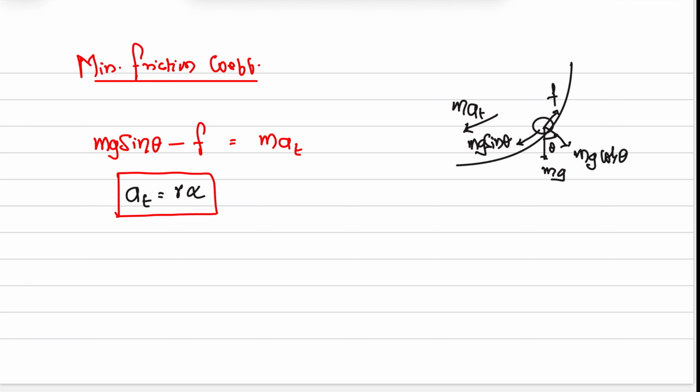Translational velocity is equal to r into angular velocity, or rotational velocity. It is angular acceleration, r alpha. At is equal to r alpha. From this, what we get is that mg sin theta minus frictional force is equal to mr alpha.